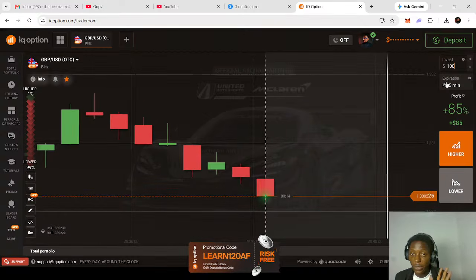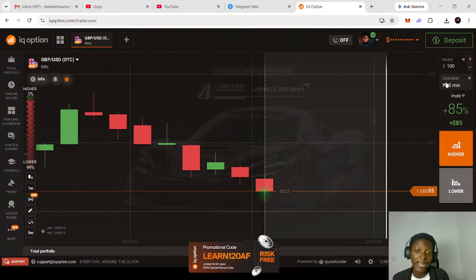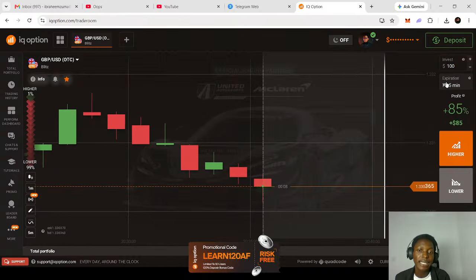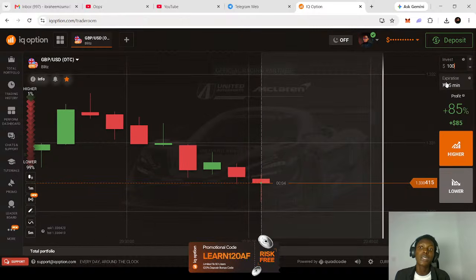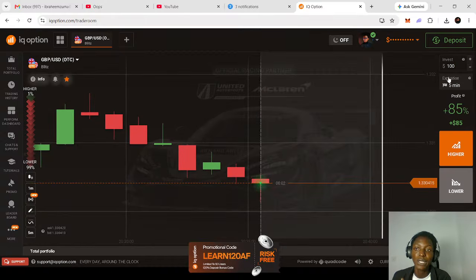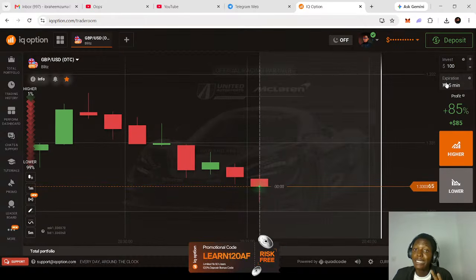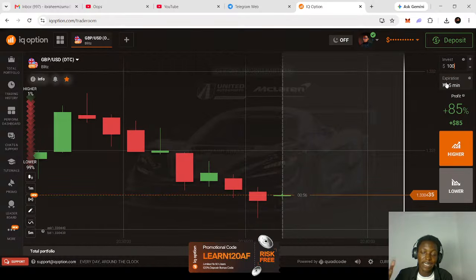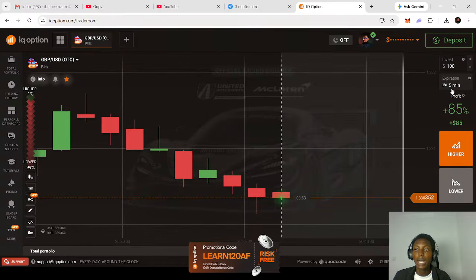If you will be trading for 3 minutes, you will have a 3 minute expiry. After that 3 minutes, your trade will close automatically, and then you will receive either your profit or whatever the result is. So that is why you have an expiration time here. But if you are trading forex on IQ Option, that is different, because you're not going to be setting the exact expiration time. So yeah, this is the setup.